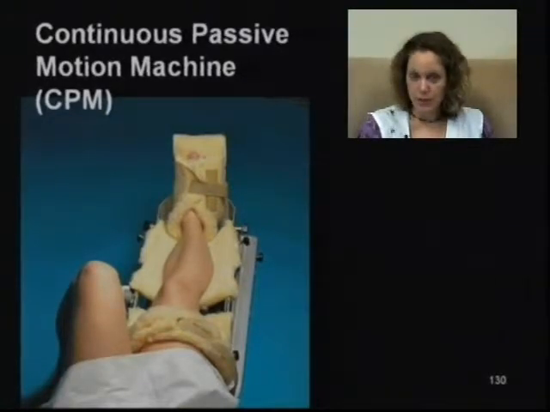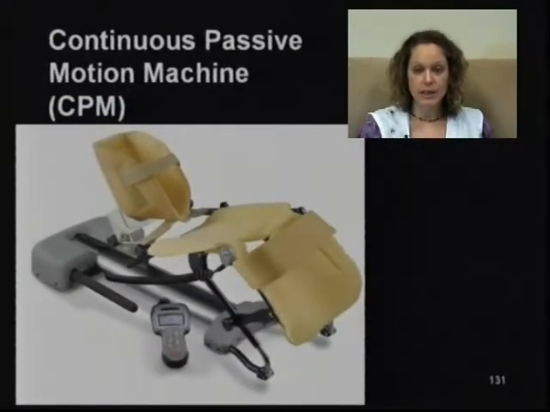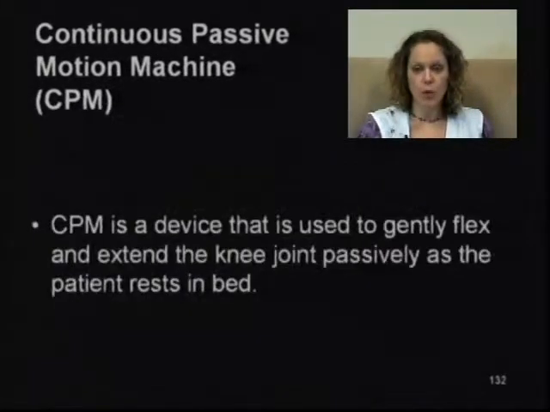If you have a patient with total knee replacement in the hospital, they will most likely have one of these machines, a continuous passive motion machine, post-surgical. And this machine is very helpful in passively exercising the joint that has just been fixed so that stiffness and scar tissue do not form.